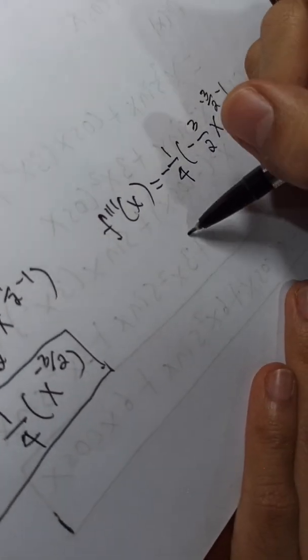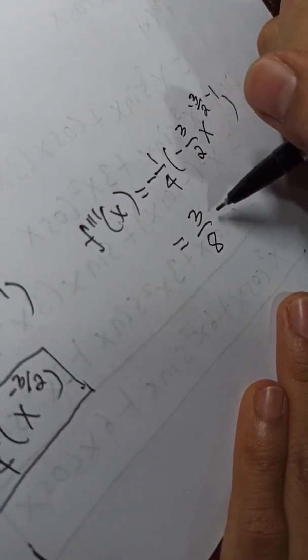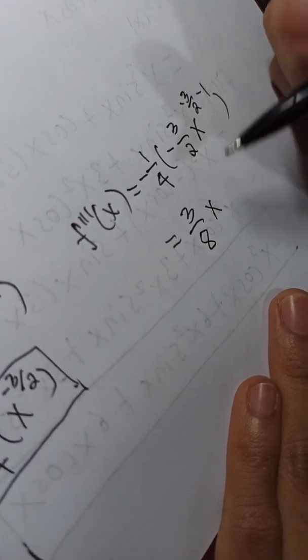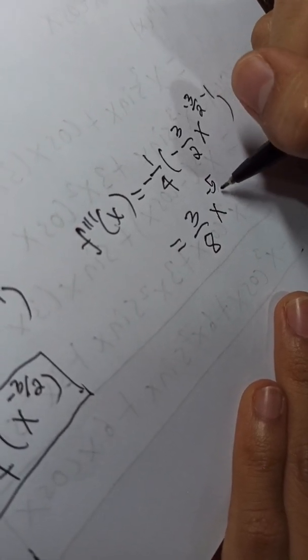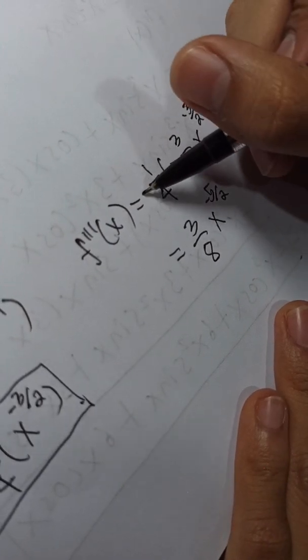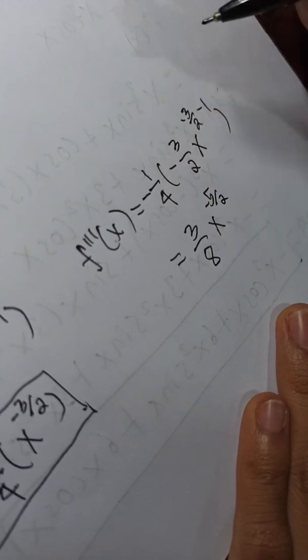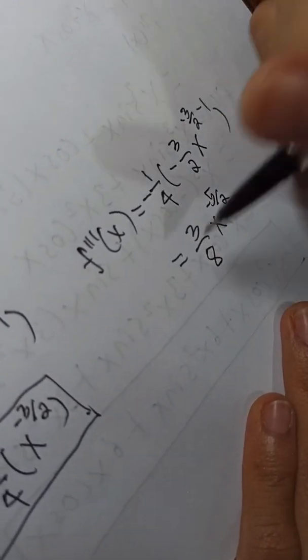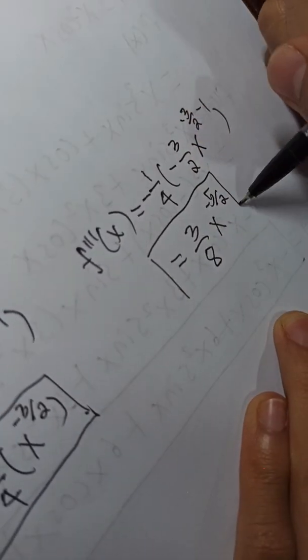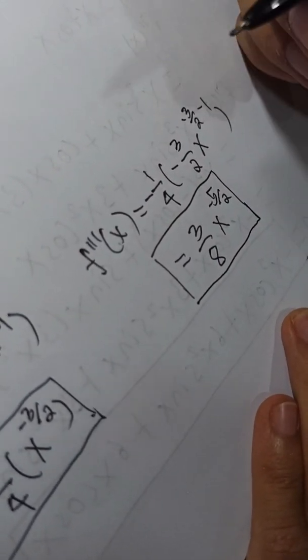Solving this will give us 3/8 x raised to negative 5 halves. It became positive because negative 1/4 times negative 3 halves will be positive. So this will be our third derivative. And that will be all.